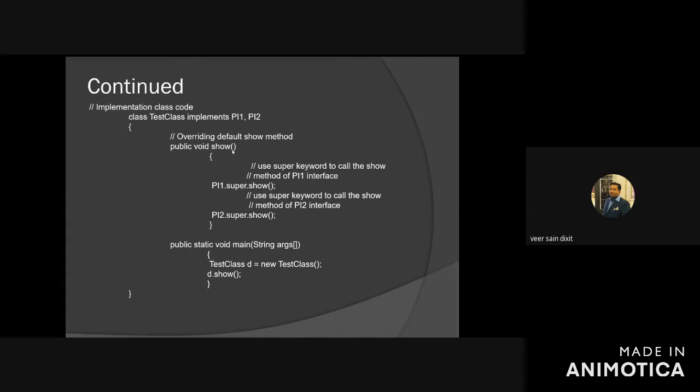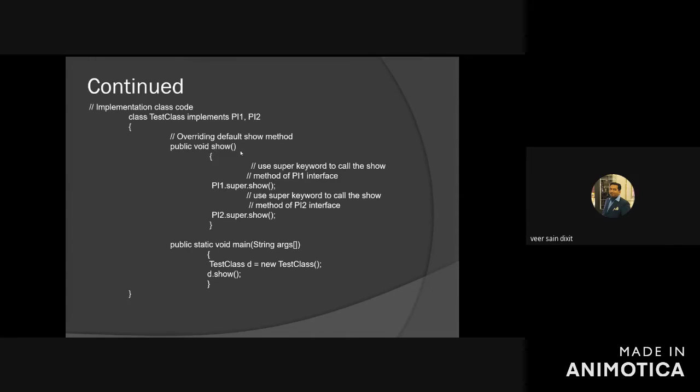Here, public void show. So you are overriding the default show methods. How are you overriding? Using the super keyword. I have already explained the functioning of the super keyword to you.